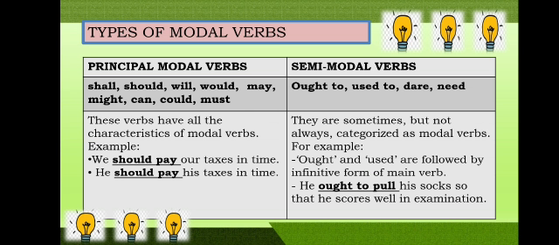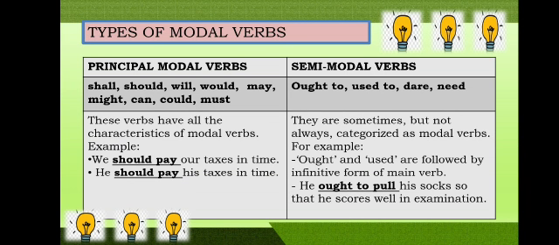For example, ought and used are followed by the infinitive form of main verb, which is not the characteristics of the principal modal verbs. For example, he ought to pull his socks so that he scores well in examination. So learners, these were the types of modal verbs.